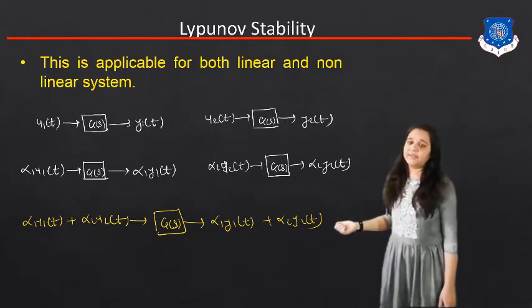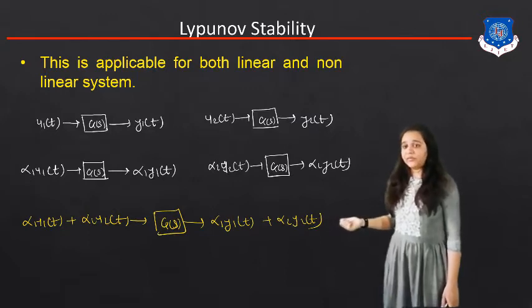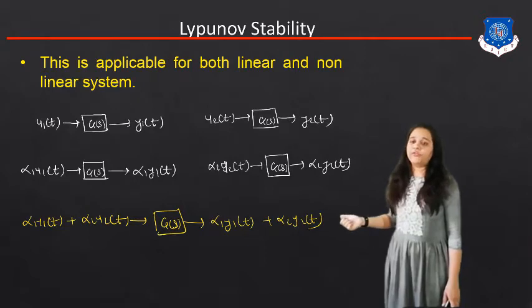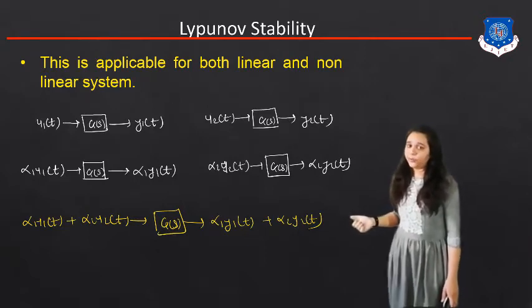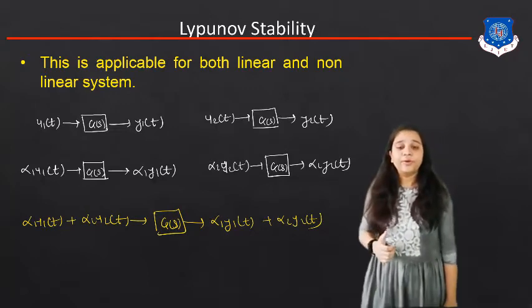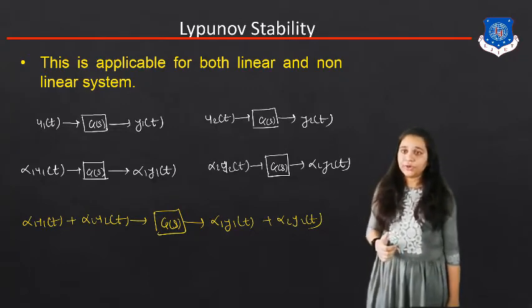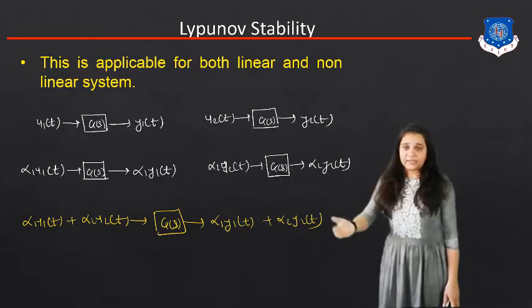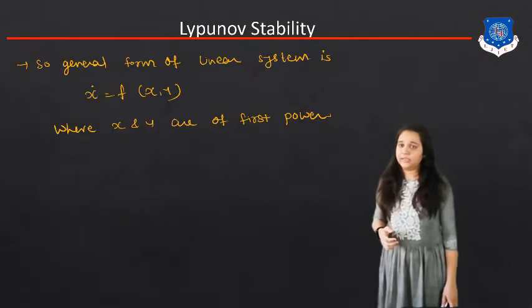The summarized equation is: alpha 1 u1(t) plus alpha 2 u2(t) gives the output alpha 1 y1(t) plus alpha 2 y2(t). So the Lyapunov theorem is applicable to linear as well as non-linear systems.